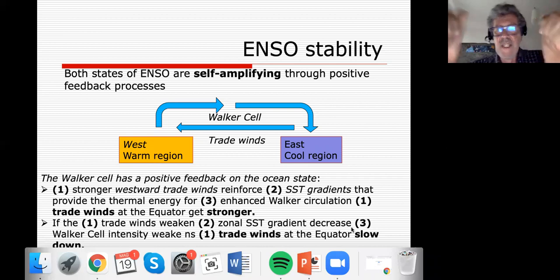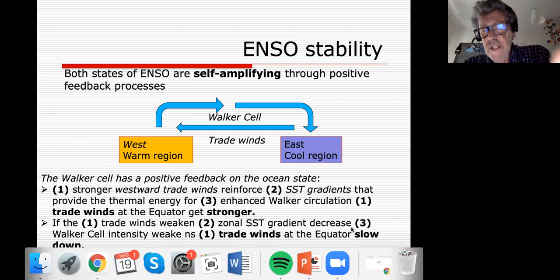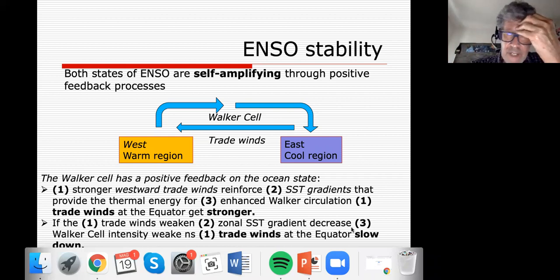This means less evaporation, less upwelling, and the El Niño pattern clearly emerges. So we have two situations, the first is La Niña, the second one is El Niño, that are self-amplifying and self-stabilizing. This may explain the fact that the stability of the pattern is longer and less influenced by the seasonal variability.